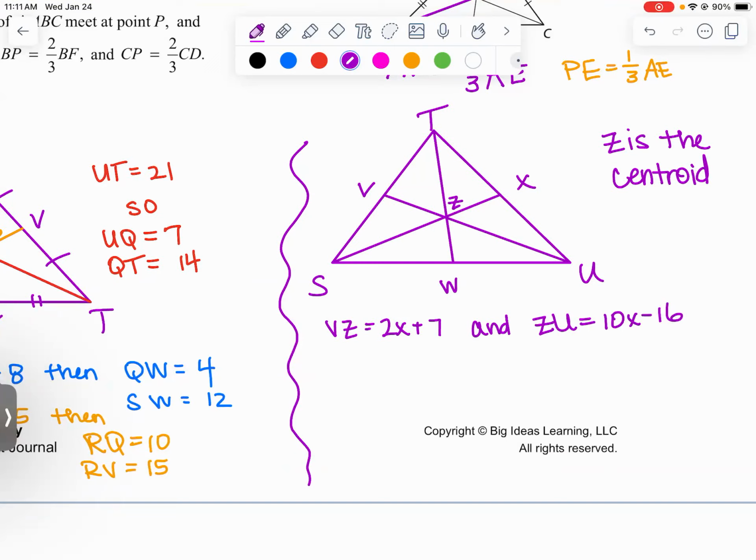I'm going to give you a little bit of time to draw the picture and write down the information I have in purple, but we are going to do this together.